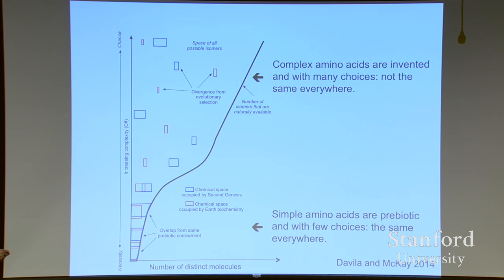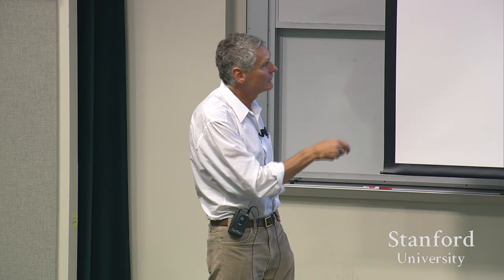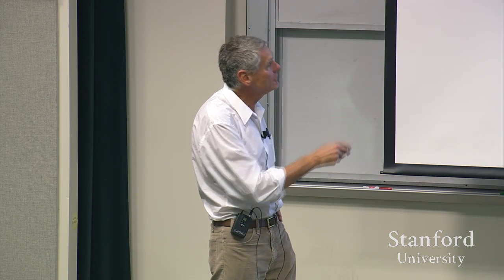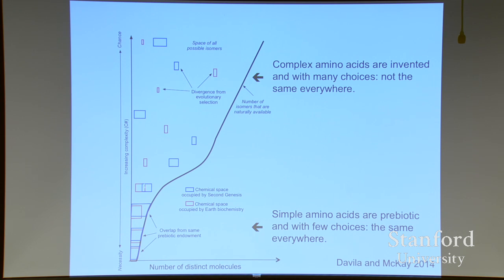When you get to about C4 or 5, the choices become astronomical. You have to pick them. So these are the ones that are used by Earth life. Earth life uses up to about C4, then a couple of C5, 6, and then a C9 and a C11.